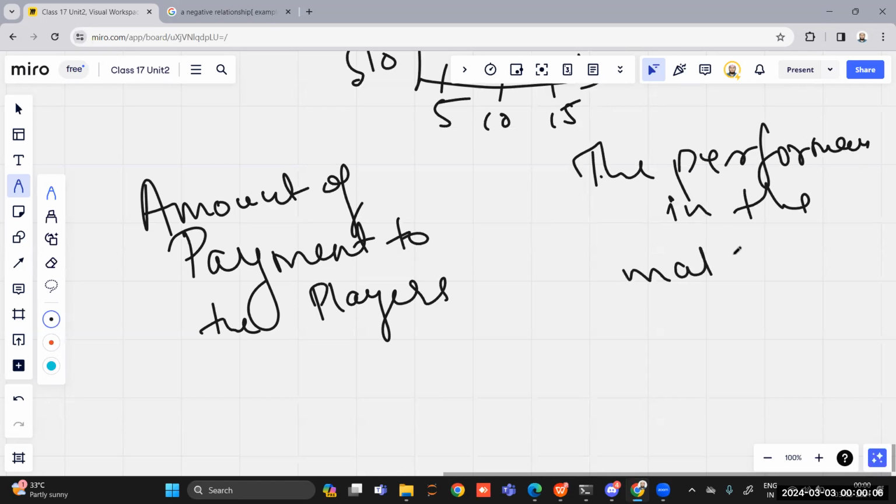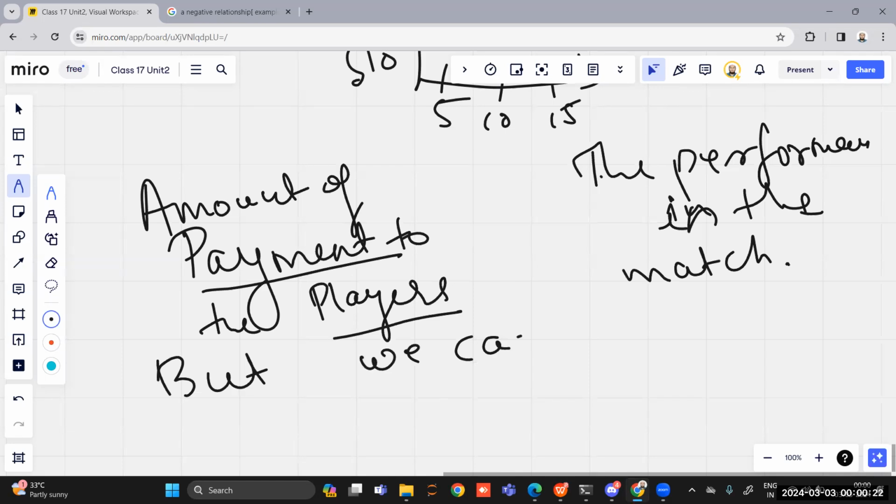If we look at this, you can generally say no, the payment to the players will not affect the performance in the match. Yes or no? But we cannot conclude without evidence.